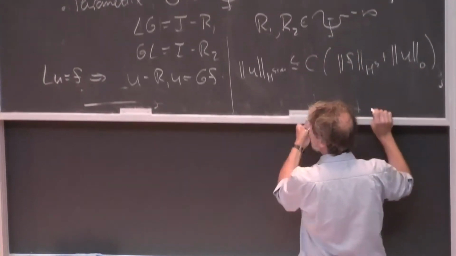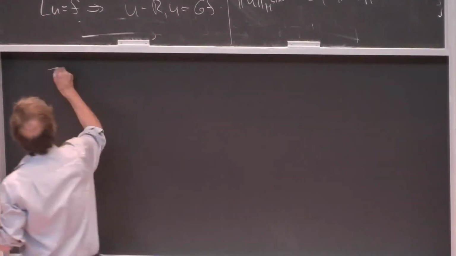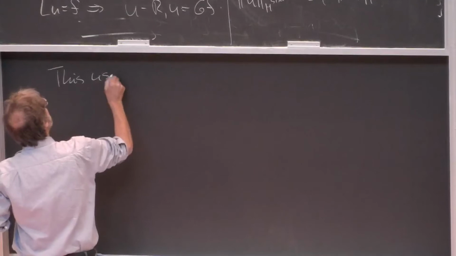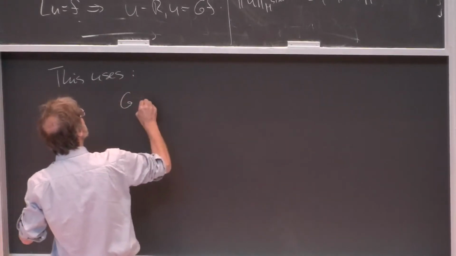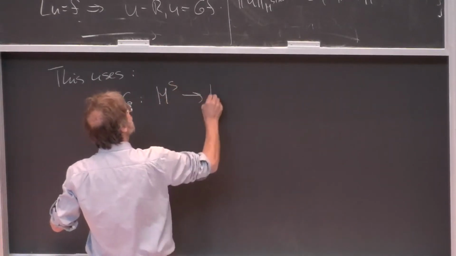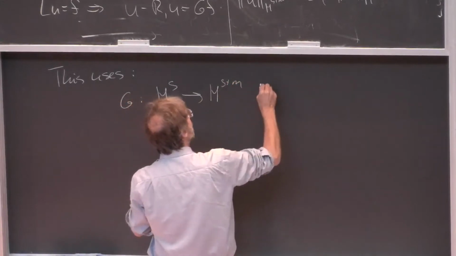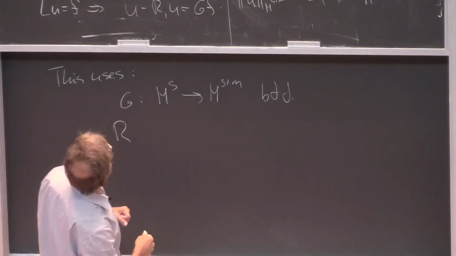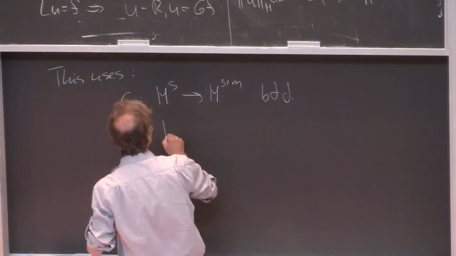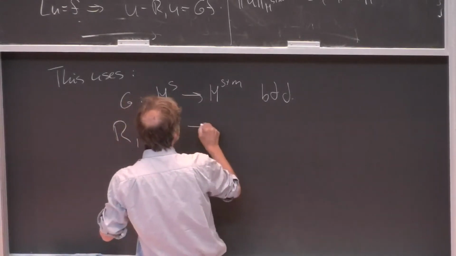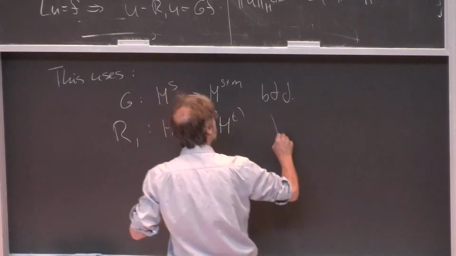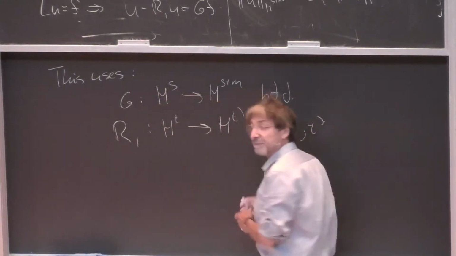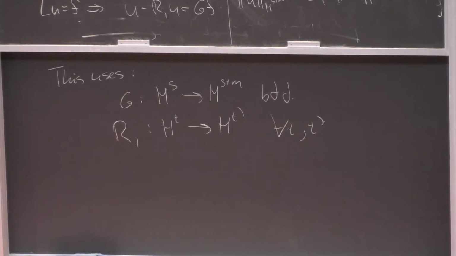So what am I actually using here? This uses just the fact that G is a mapping from H^S to H^(S+M) is bounded. And this R1 I have is bounded from any H^T to any H^T' for all T and T'. So it's a smoothing operator.